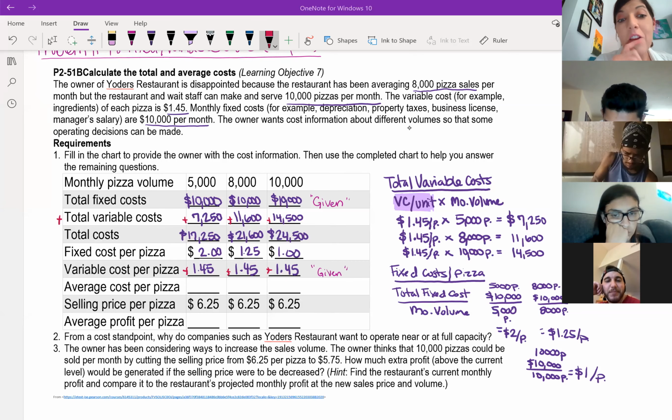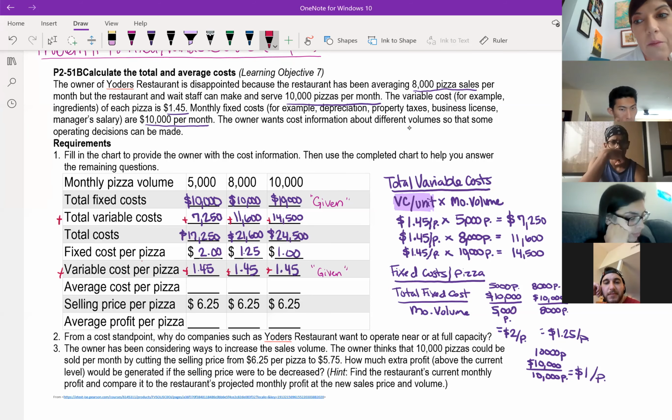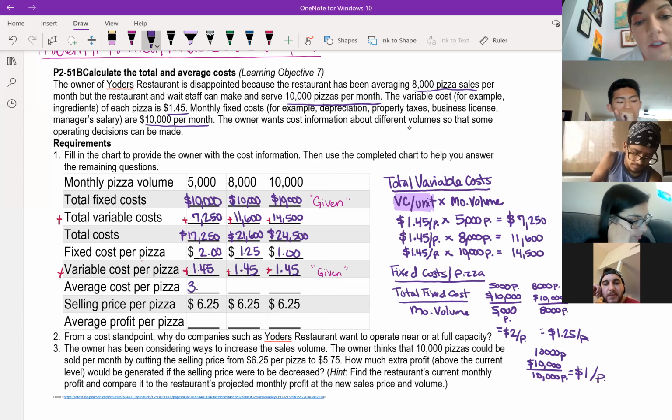So you need to calculate the average cost per pizza, and you're adding the fixed cost per pizza plus the variable cost per pizza to get that average cost. So when I sell 5,000 pizzas, my average cost is $3.45.